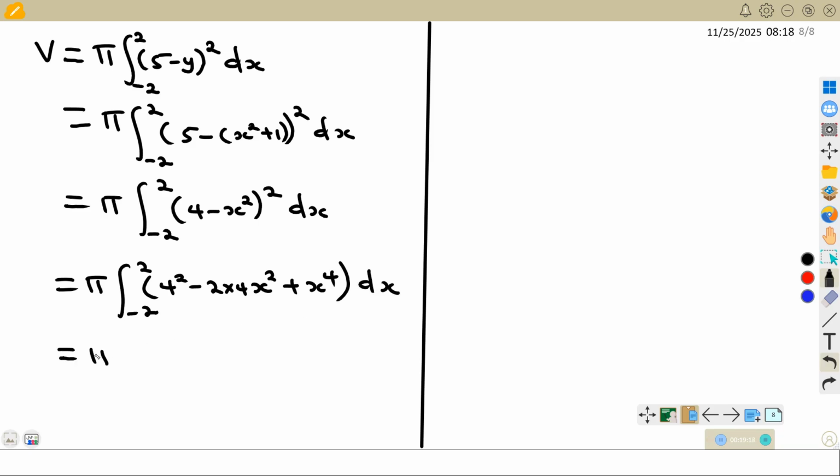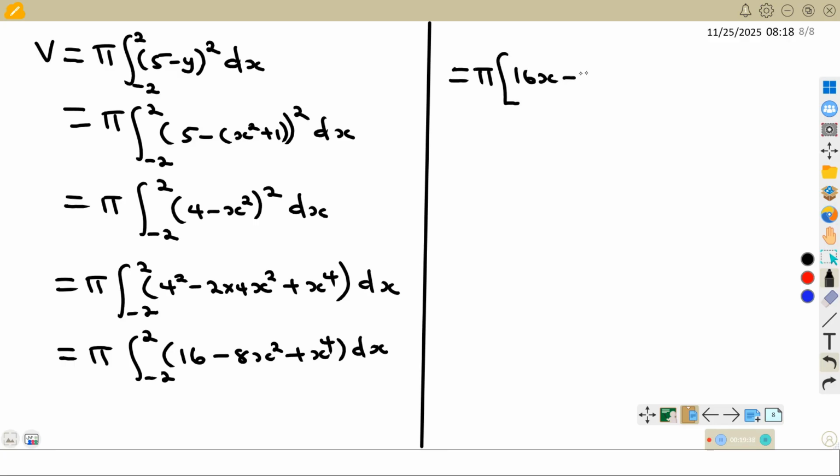So this is the integral from negative 2 to 2 of 16 minus 8x squared plus x to the power 4 dx. So we shall integrate this: pi into 16x minus 8 over 3 x to the power 3 plus x to the power 5 divided by 5, from negative 2 to positive 2.